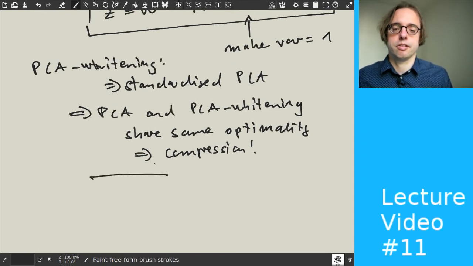In practice, PCA is usually formulated in terms of data, not in terms of random variables.